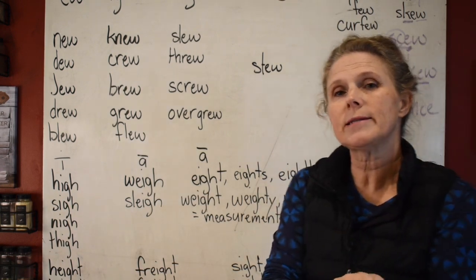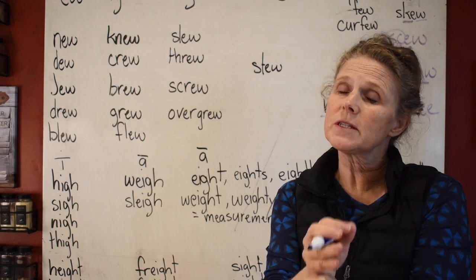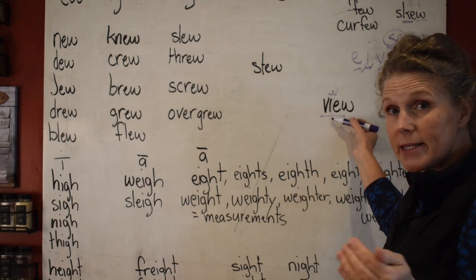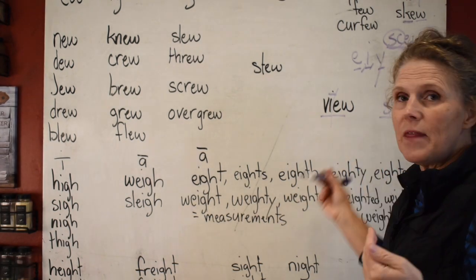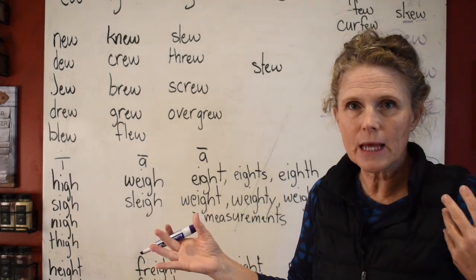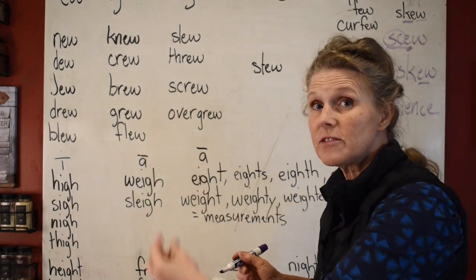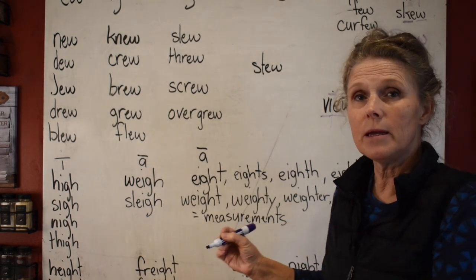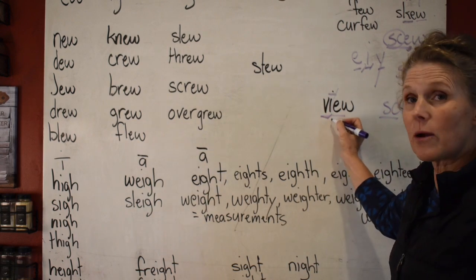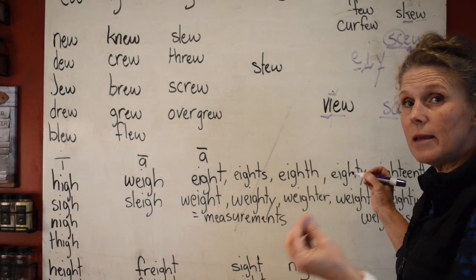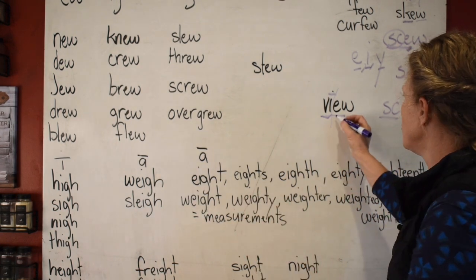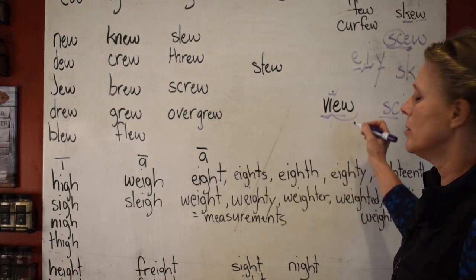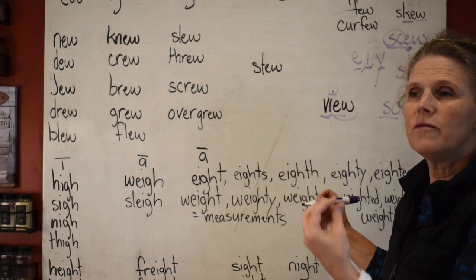The rule is, if it's the very first syllable, most of the time that first syllable will say its long I sound. And then for the other syllables, if a vowel is following the I, then it's going to say E. But this one is not following that rule. It is saying E, U.